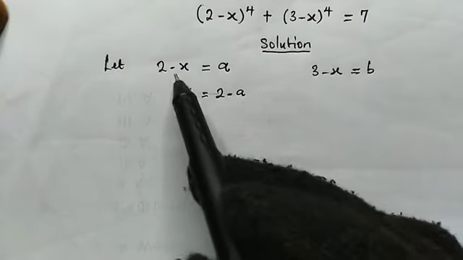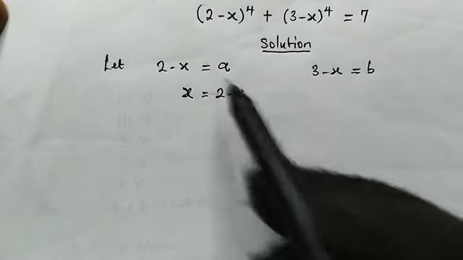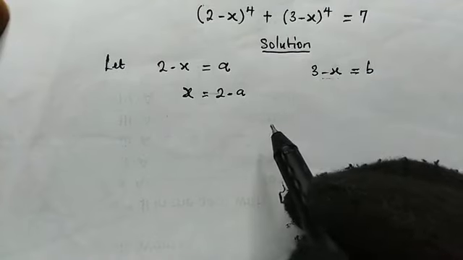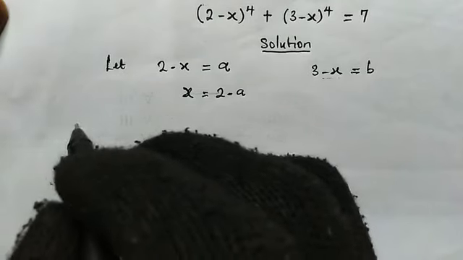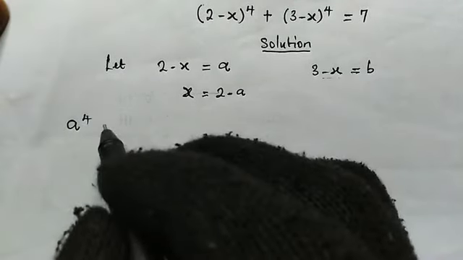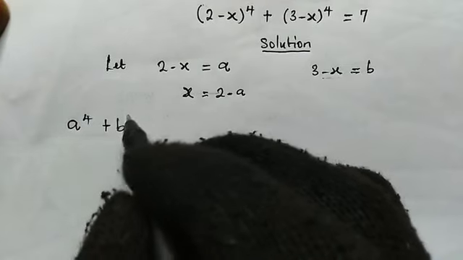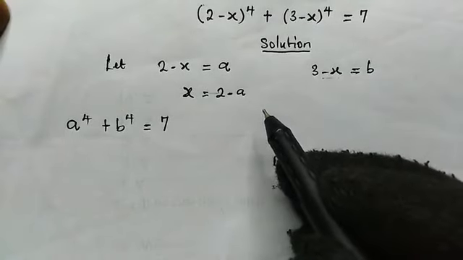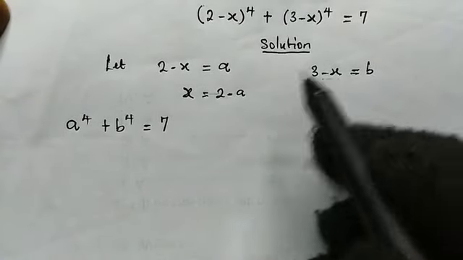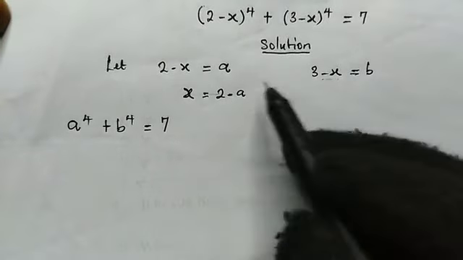Okay. Now, since we have 2 minus x to be equal to a and 3 minus x to be equal to b, the original equation would be a to the power of 4 plus b to the power of 4, which is equal to 7. Okay, now, what about subtracting b from a?